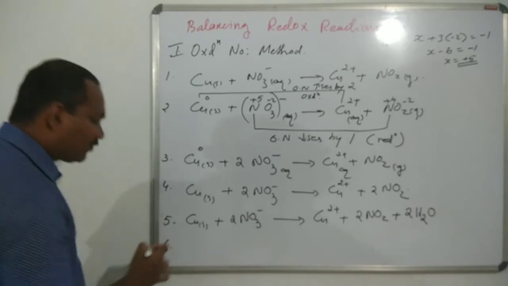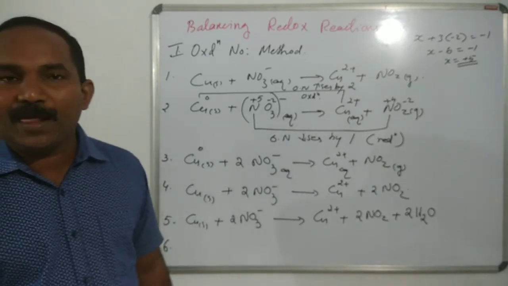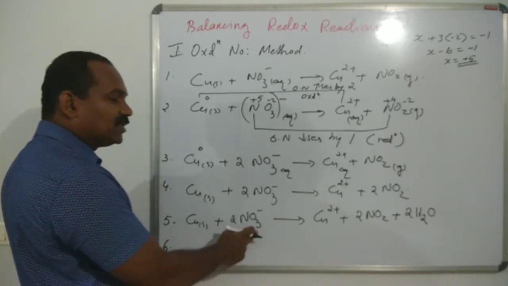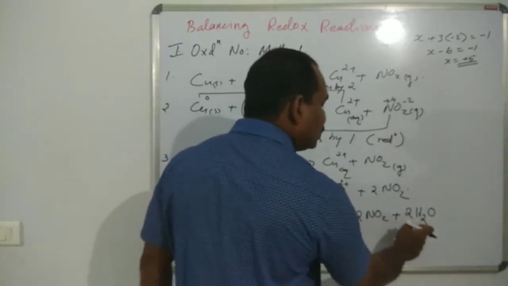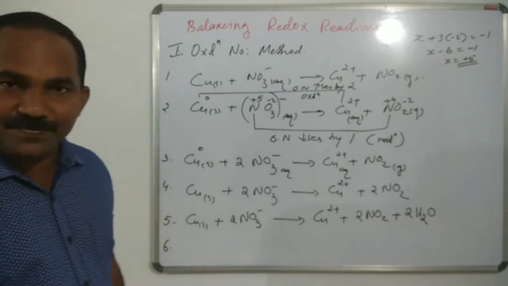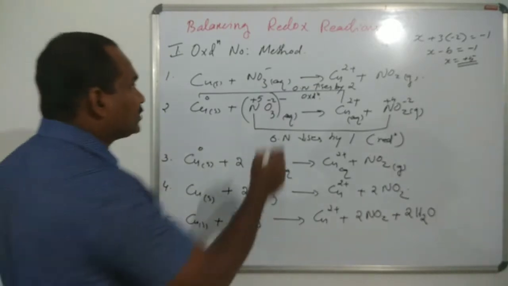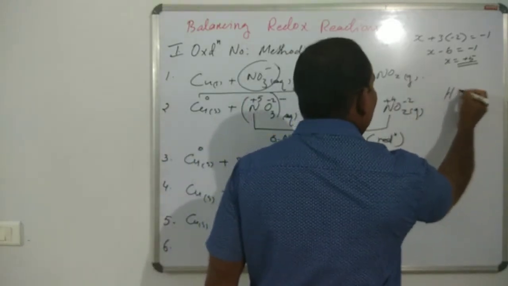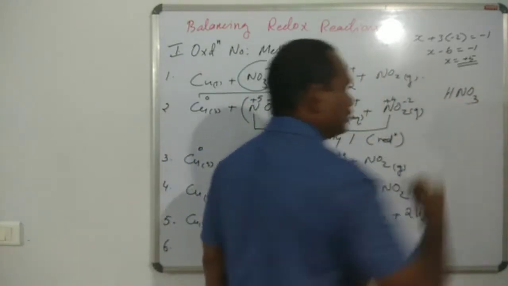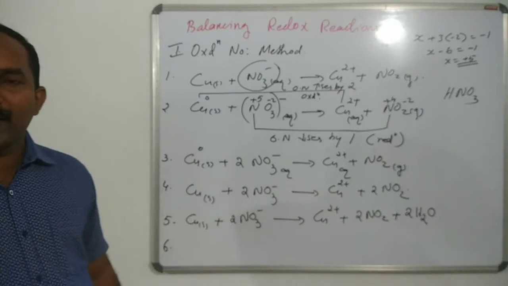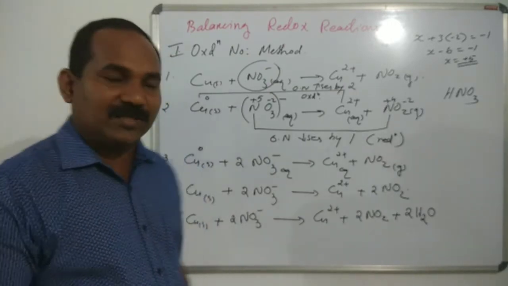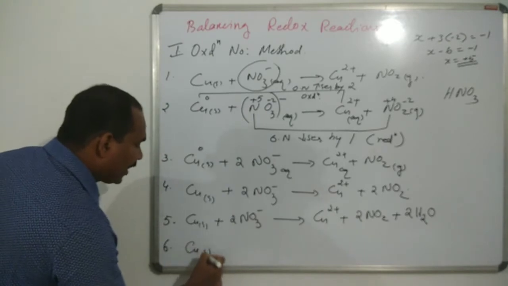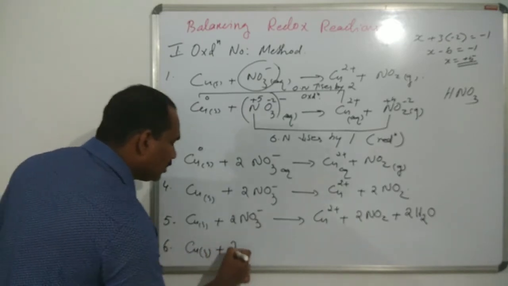And the sixth step, finally we balance the hydrogen atom. Here, no hydrogen on the left-hand side. Here 2 into 2, 4 hydrogen. And the medium is acidic. Why? NO3 minus comes from nitric acid. Nitrate, the medium is acidic. So for acidic medium, balancing hydrogen is very easy.